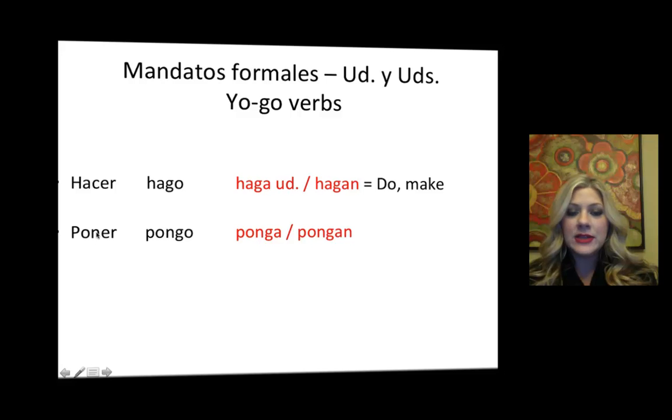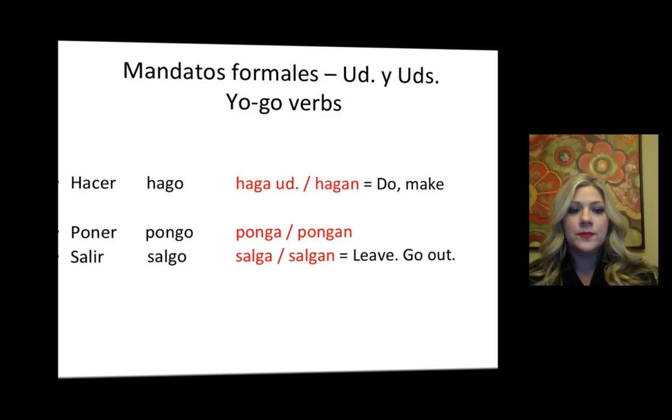Poner can be set the table, or it could also mean to put or place, like put your bag down, or it could also mean to turn on the radio or to turn on the TV. So if you wanted to tell someone turn on the TV, you would say ponga la televisión. Ponga la televisión. Salir would be salga or salgan. Tener, tenga, tengan. Tener means have, and we use this when we're talking about possession.